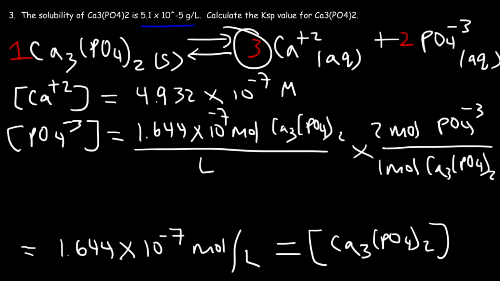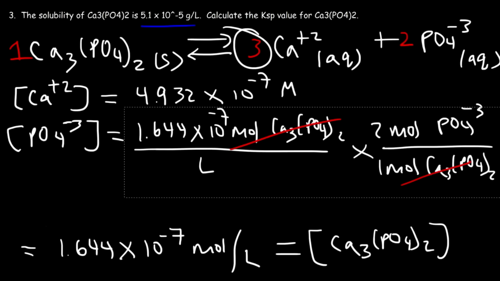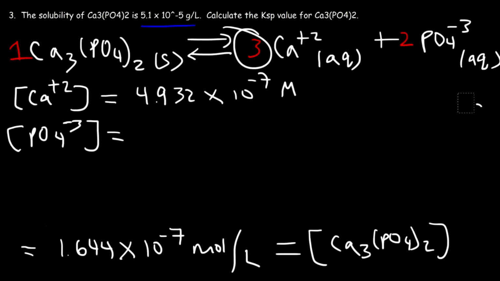And so that's why you need to multiply it by 2. But for those of you who don't need to show your work for some reason, you could just multiply the molar solubility by 2 and then you'll get the phosphate ion concentration. So this is going to be 3.288 times 10 to the minus 7.